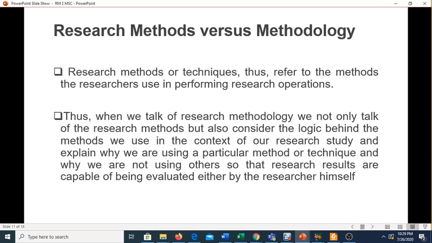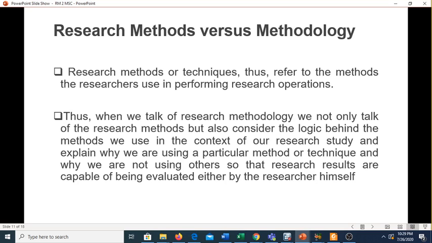Now, on the other part, when we talk about research methodology, we not only talk about the methods, we even consider the logic behind each method used in the context of our research study.